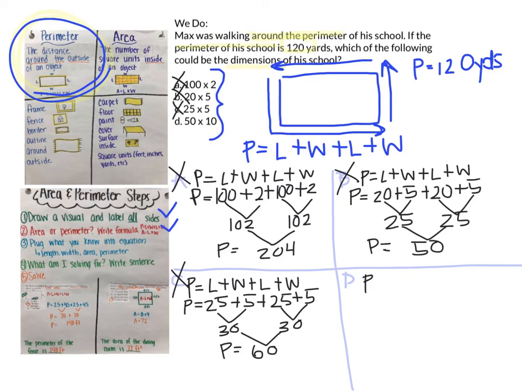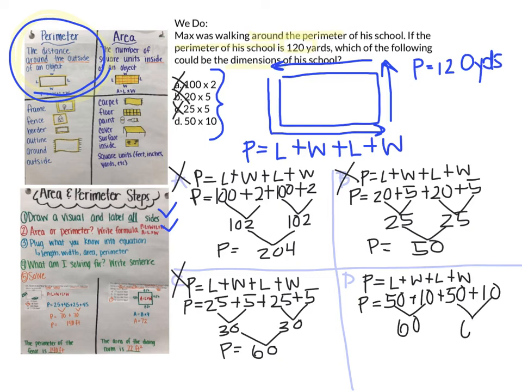Plug in our formula. Perimeter equals length plus width plus length plus width. My dimensions are 50 by 10, so I can go ahead and plug that in. Perimeter equals 50 plus 10 plus 50 plus 10. Can go ahead and add to solve. 50 plus 10 is 60.